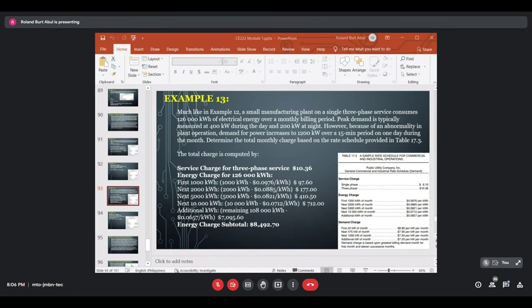Then we subtract another 10,000 kilowatt hours, multiplied by $0.0712 per kilowatt hour, which gives $712.